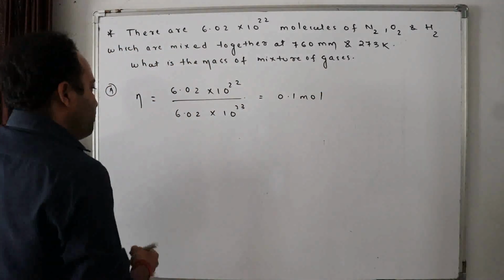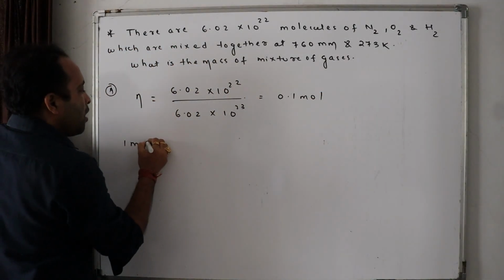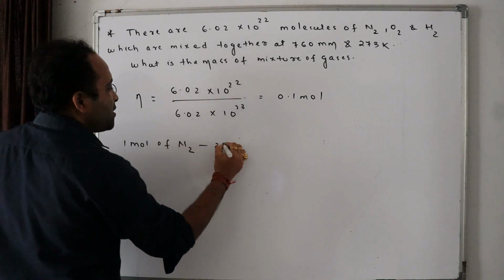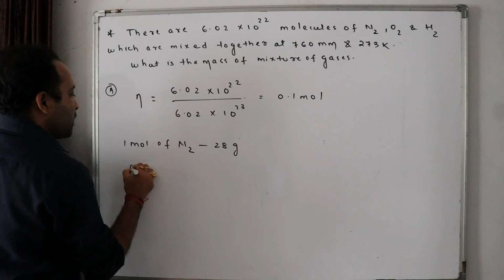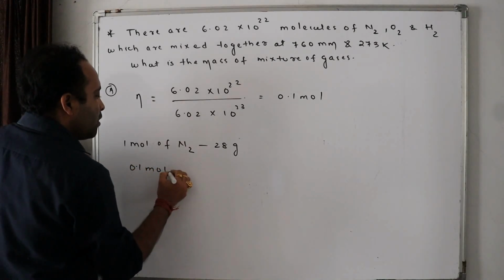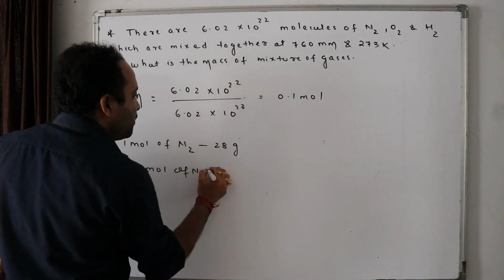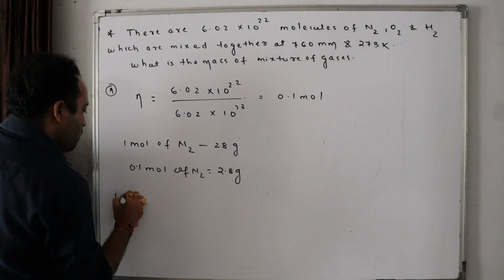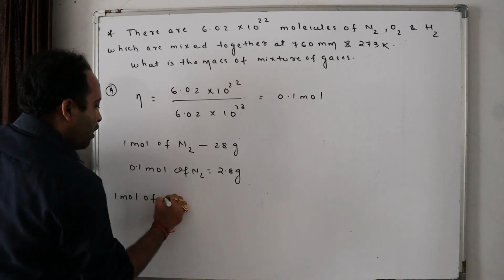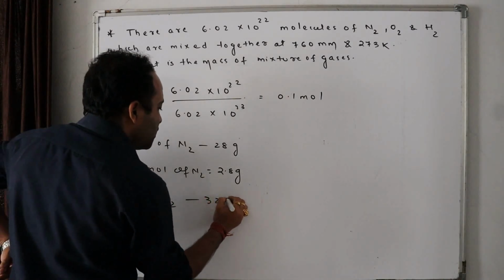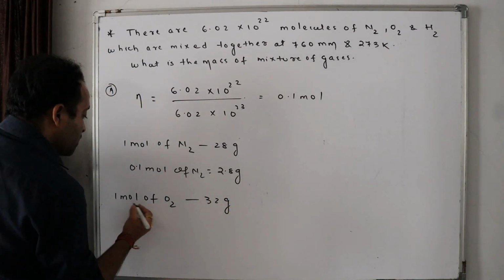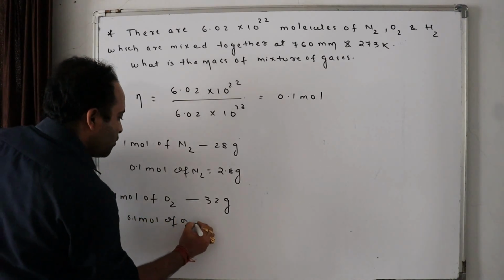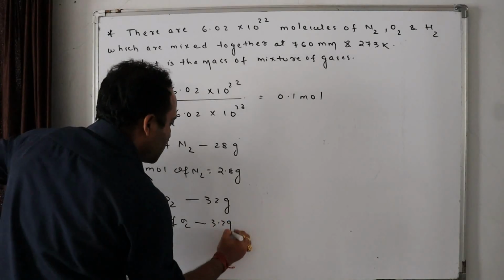Now, very simple. 1 mole of nitrogen is 28 grams molar mass. So 0.1 mole of nitrogen will be 2.8 grams, isn't it? Now 1 mole of oxygen is 32 grams. 0.1 mole of oxygen molecule will be 3.2 grams.